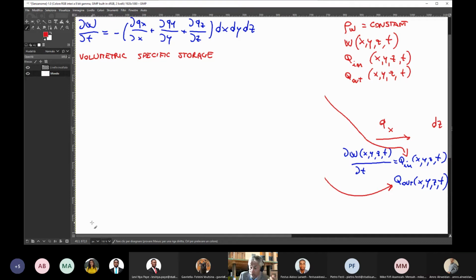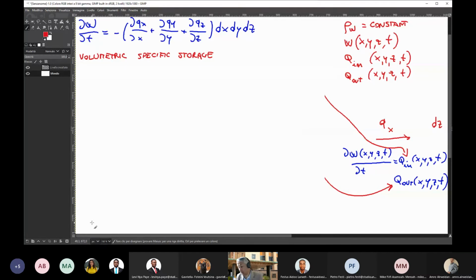One unknown is the flow, so the three components, lowercase qx, qy, qz, are unknowns. I already worked with them a little bit. Now I have a second unknown, which is w, which is placed in the left-hand side of the equation. I need to work on it. I have to find an expression for it.